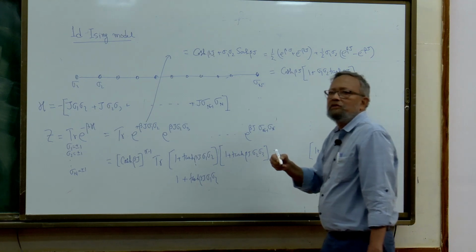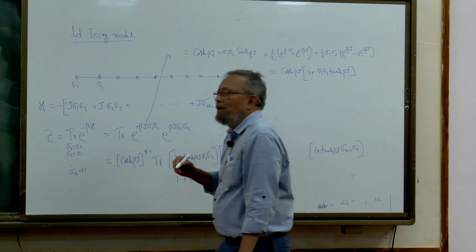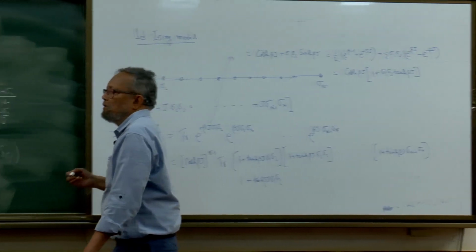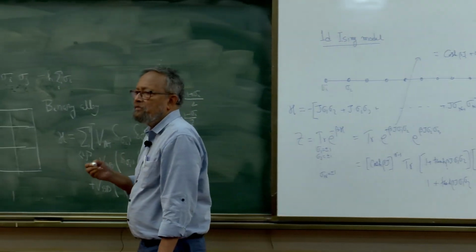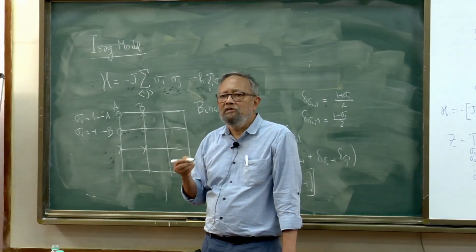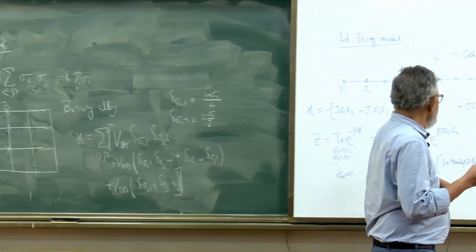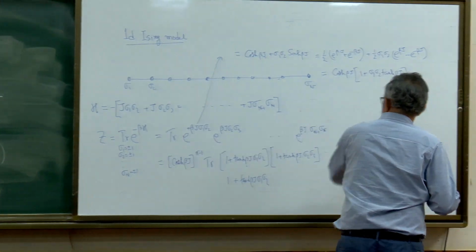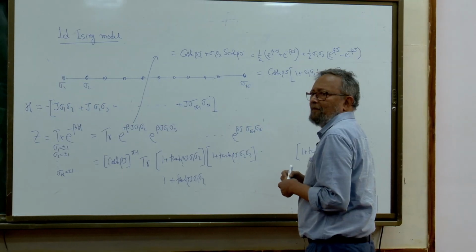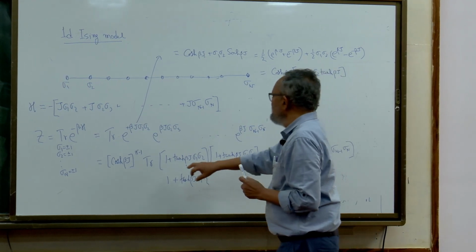So sigma squared is equal to 1. So in that case again, all these terms, when you take the trace, will be 0. The only term that will survive is where you don't have any of these tanh. And that's this one term.